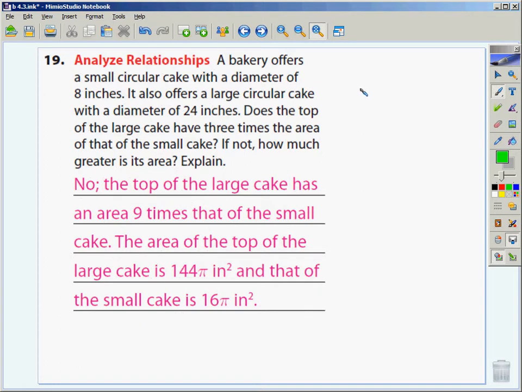A bakery offers a small circular cake with a diameter of 8 inches. It also offers a large circular cake with a diameter of 24 inches. The radius is 12. If I look, there's 3 times as great, right?